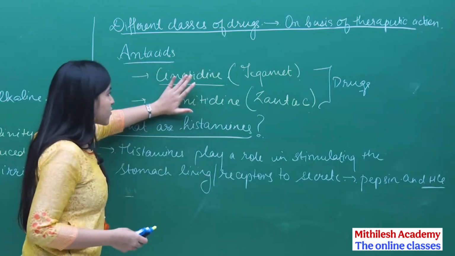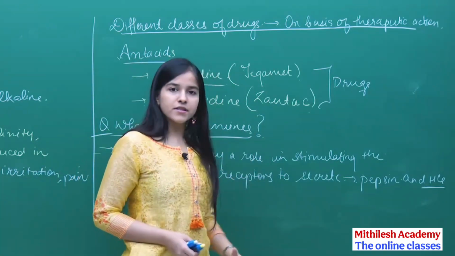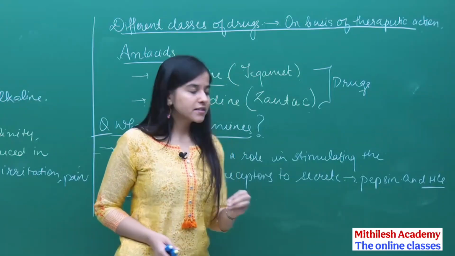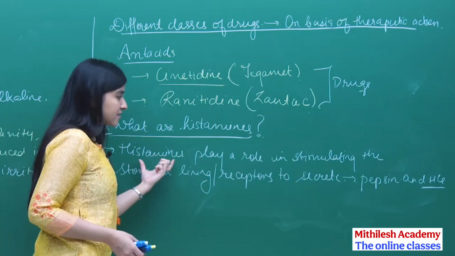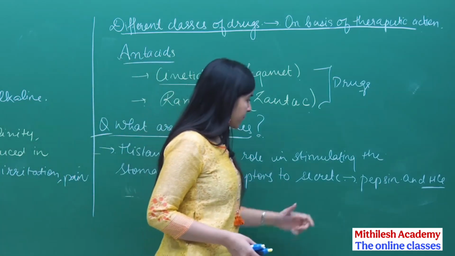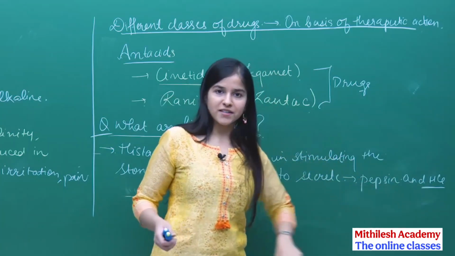Now what do these drugs do? These drugs inhibit that process. They do not let the histamines pass on the information to the receptors to make the pepsin and HCl release.